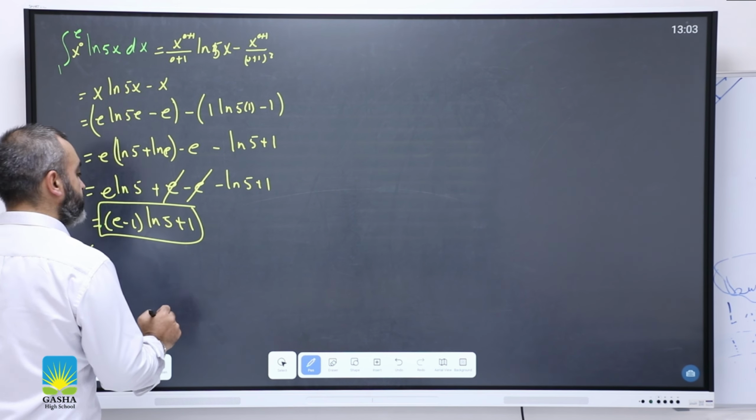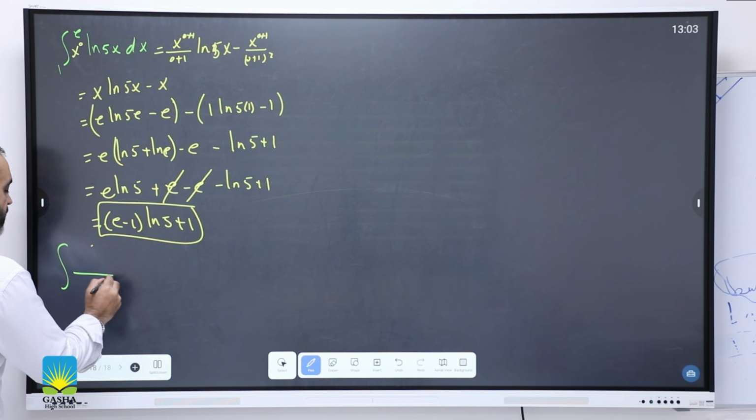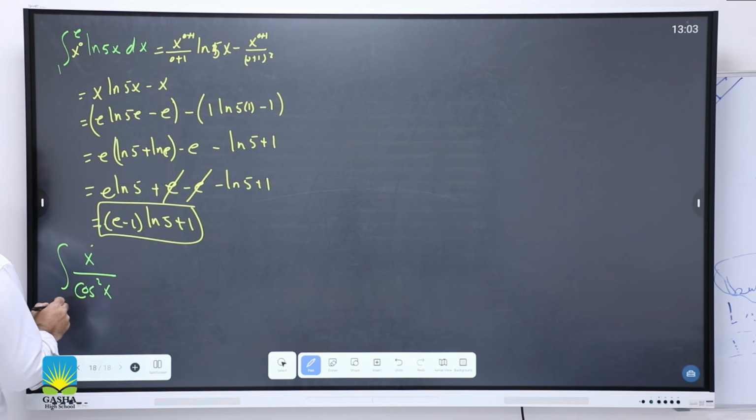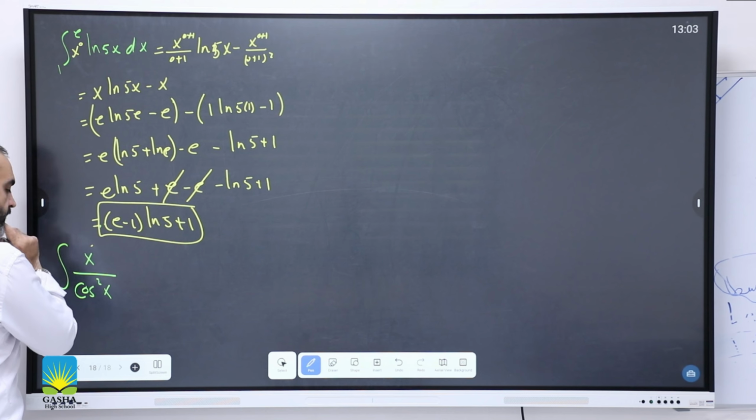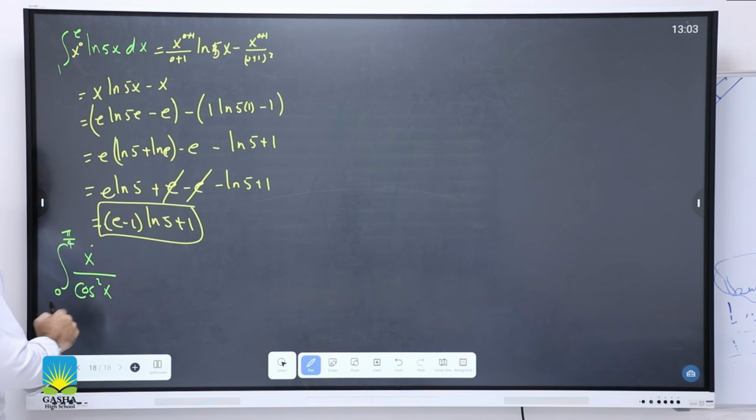And we're going to the integral of x over cosine square of x from 0 to pi over 4 dx equal to. What is the result for this?